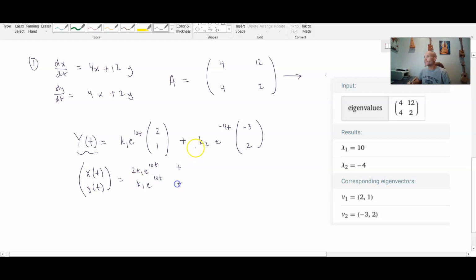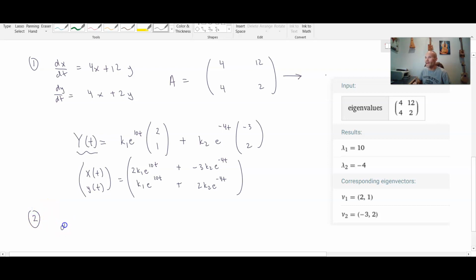And then we add on the two extra terms, minus 3k2 e to the -4t, and 2 times k2 e to the -4t. So that's a solution to our homogeneous system, the reduced system. So x of t is the top equation, y of t is the bottom equation.